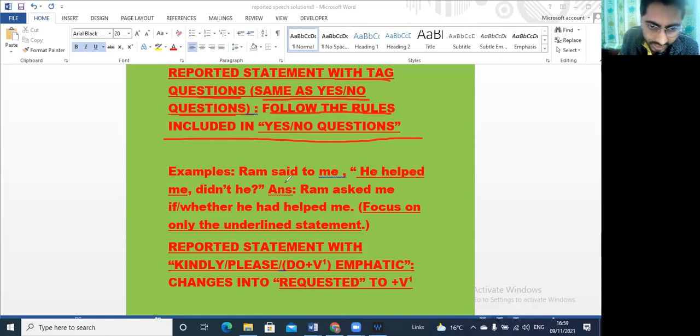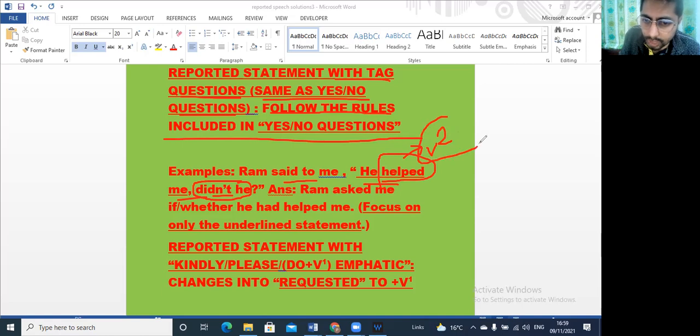Examples: Ram said to me, he helped me, didn't he? Now we have to understand that didn't he represents here a yes no question in the past. He helped.